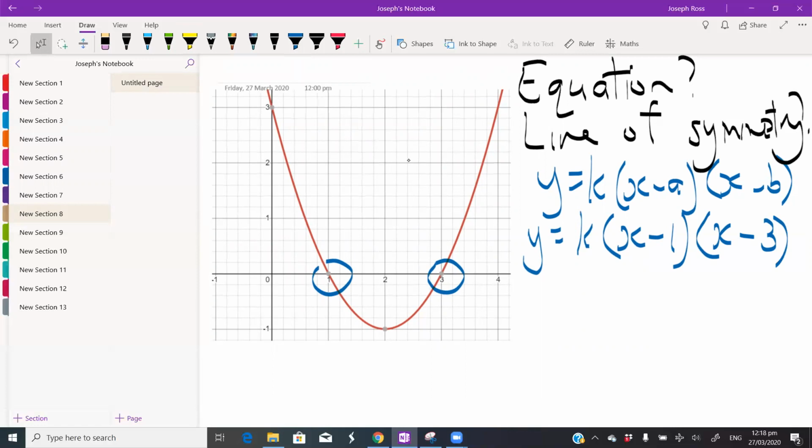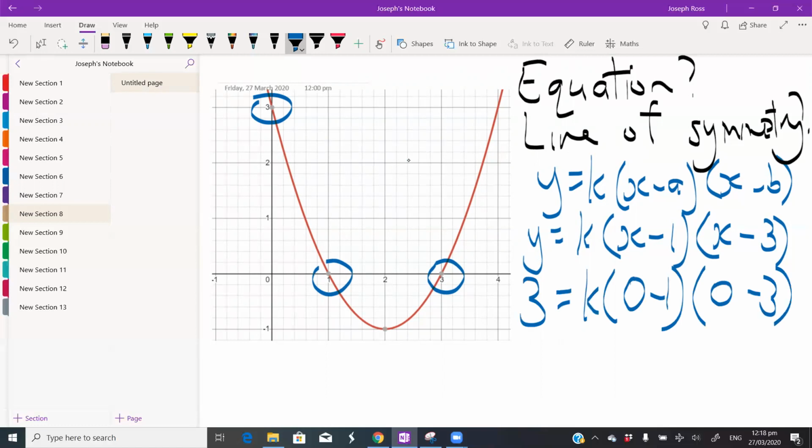We need to find the value of k, which is a stretch factor. To find the value of k, we can use any other point other than the x-intercepts. The easiest one to use here would be the y-intercept, which is y equals 3, and that's when x equals 0. So y is 3 is k times x is 0 minus 1, and x is 0 minus 3.